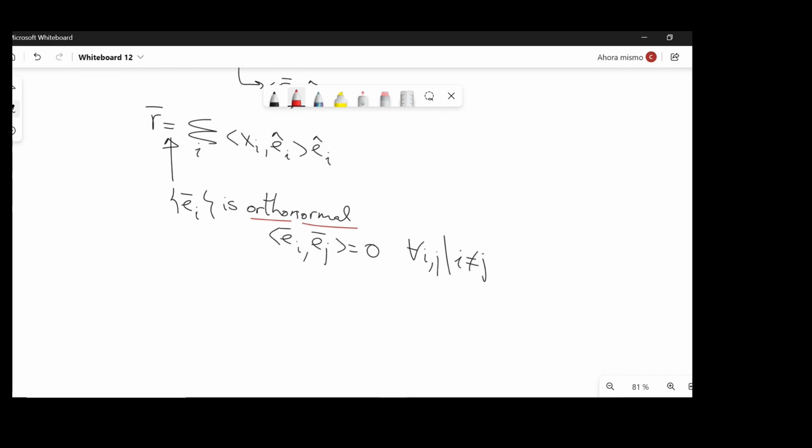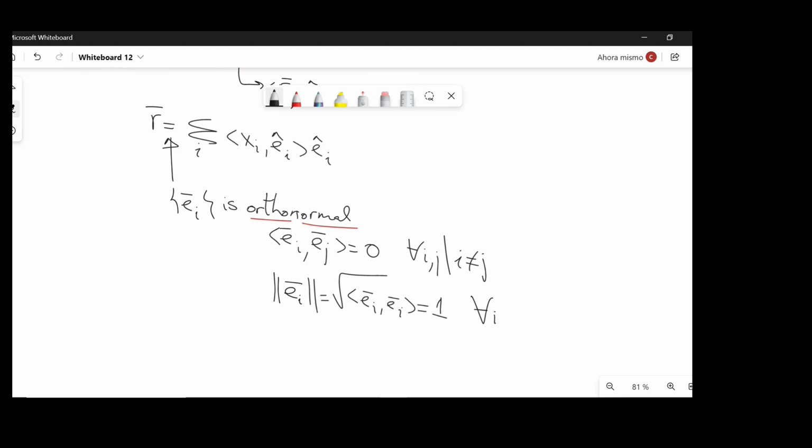The module of the vectors in the basis. So the norm of Ei is the square root of the inner product of Ei with Ei, and this is 1. For any orthonormal basis, this is true.